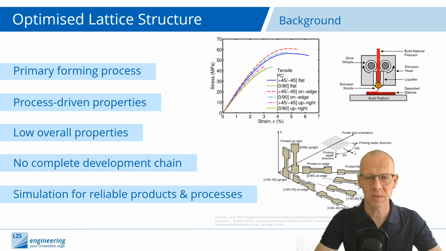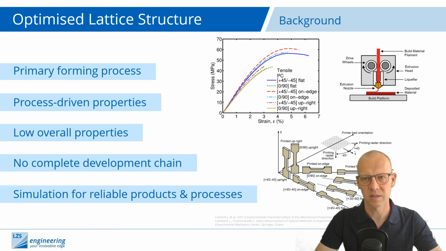And the problem is, as I showed in the beginning with this lightweight design, to use something as a mechanical element in the design, it means you need to know the mechanical properties for a good simulation and a good mechanical design process.